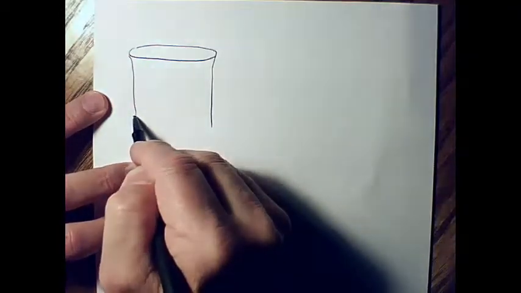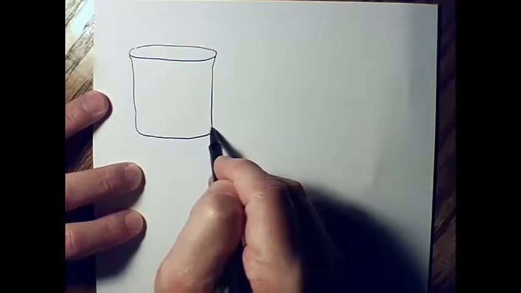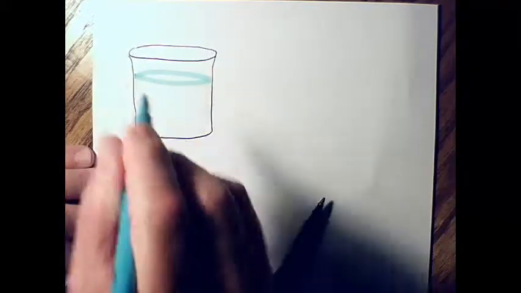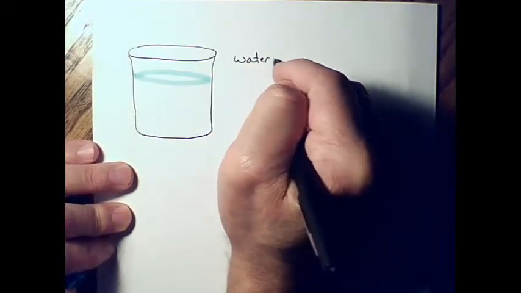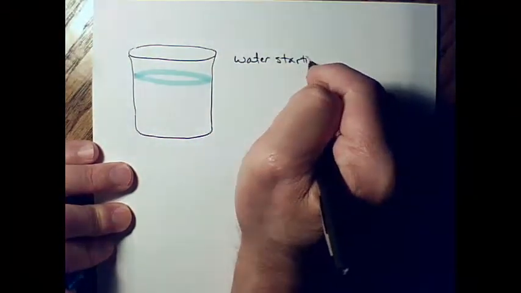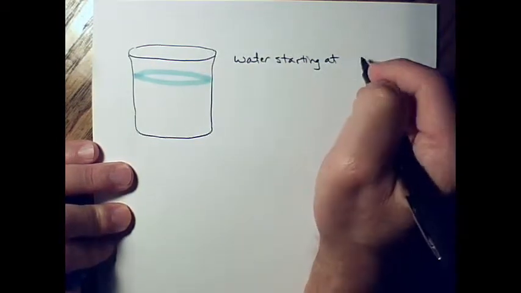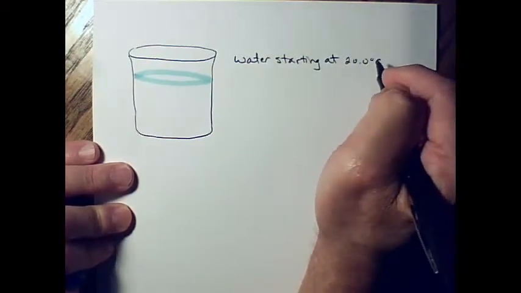So let's take a look at what happens if, for example, we take a sample of liquid water, so I have water starting at 20 degrees C, for example, here.